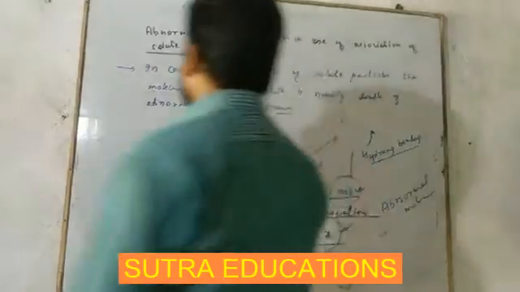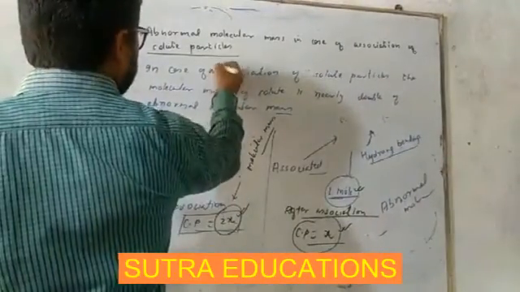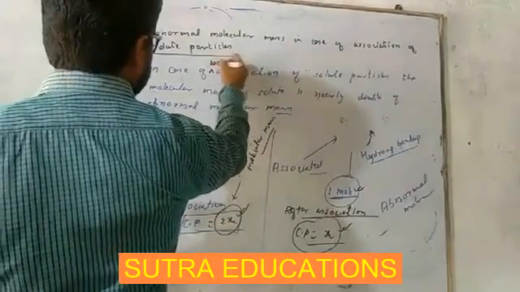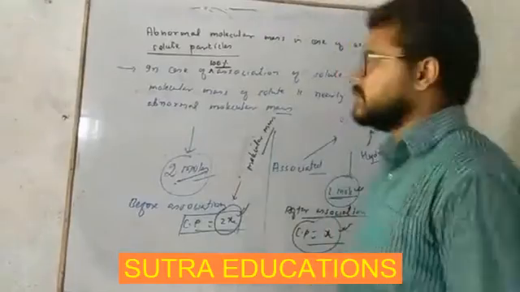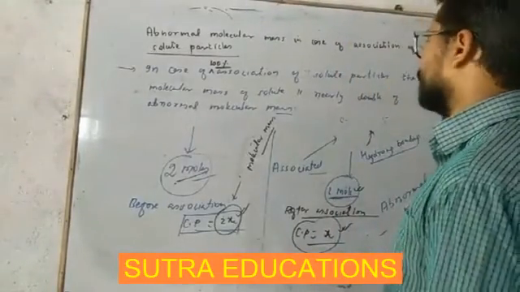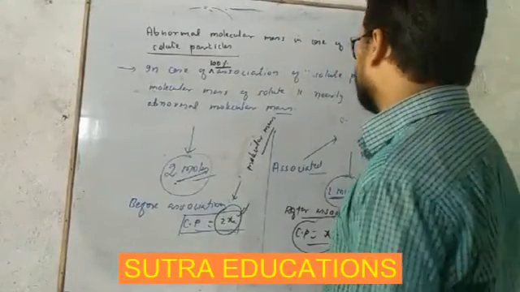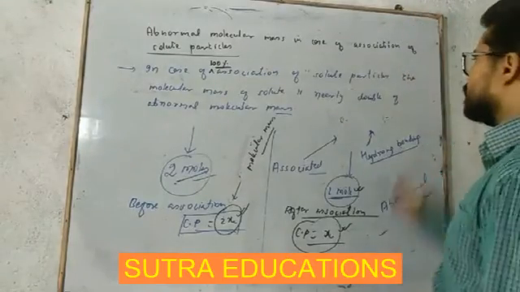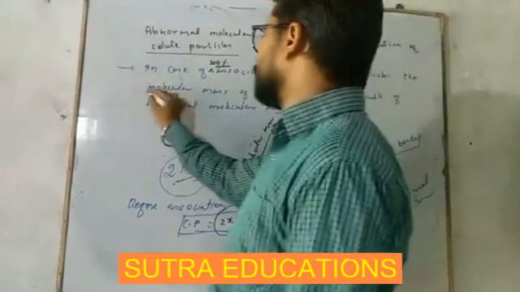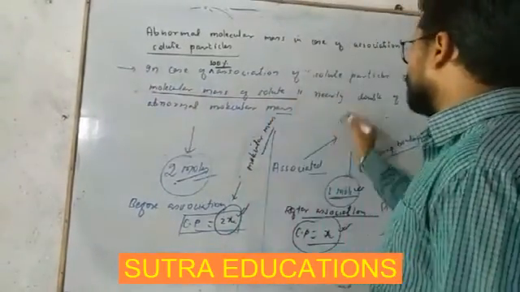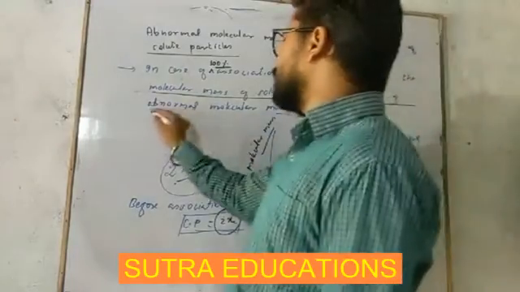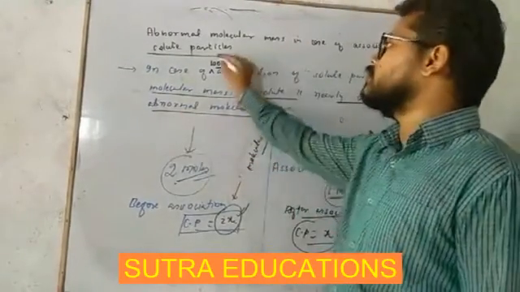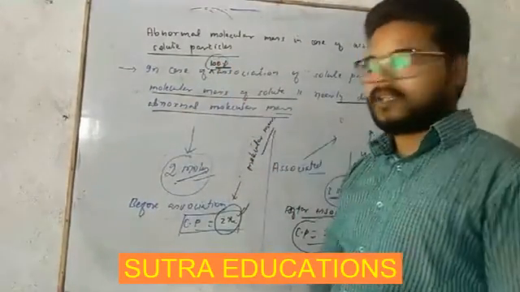Better to write here, in case of 100% association of solute particles, the molecular mass of solute is nearly double of the abnormal molecular mass. Nearly double. Why? Because 100% association is taking place.